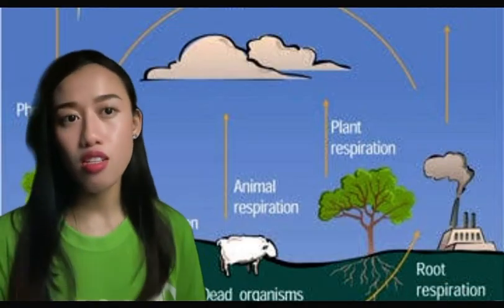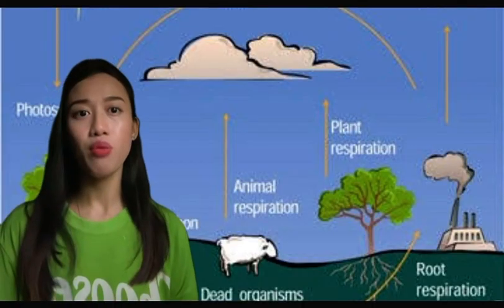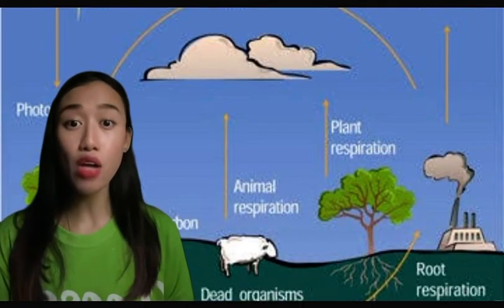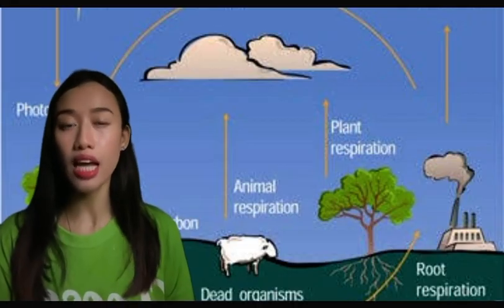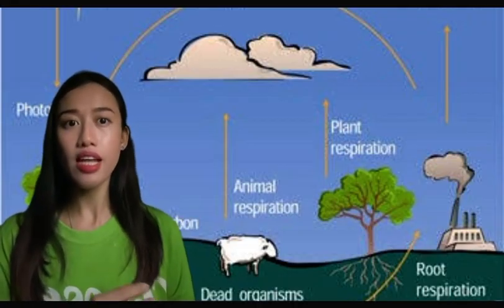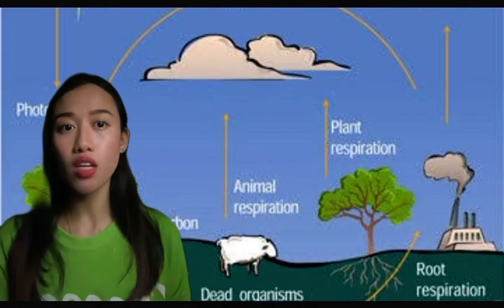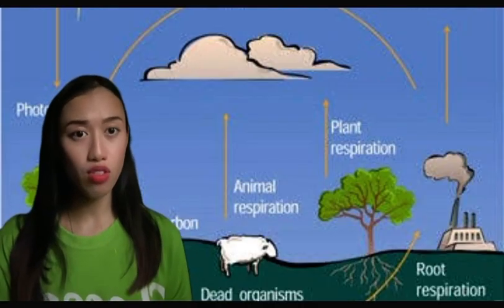Human activities, especially the burning of fossil fuels and deforestation, have significantly increased the amount of carbon dioxide in the atmosphere. This has led to an enhanced greenhouse effect, trapping more heat and causing global warming and climate change.